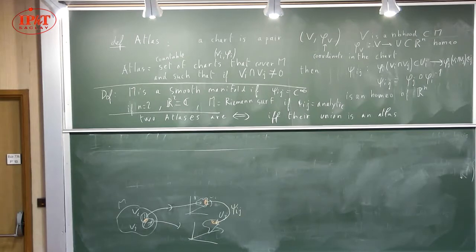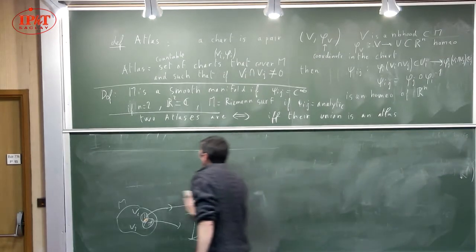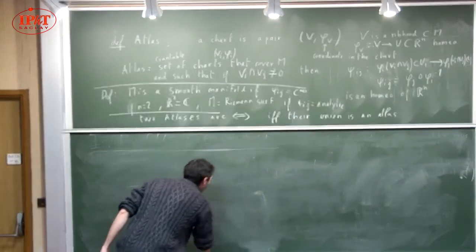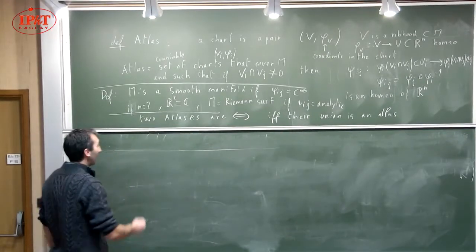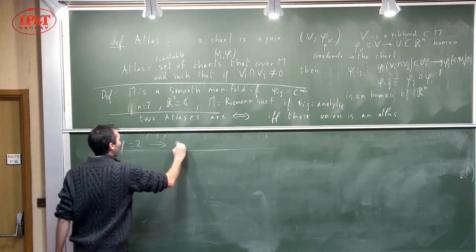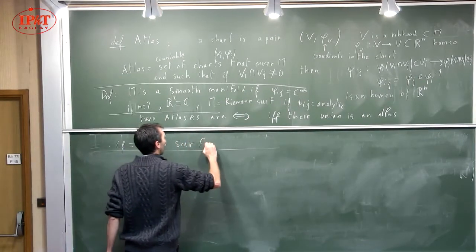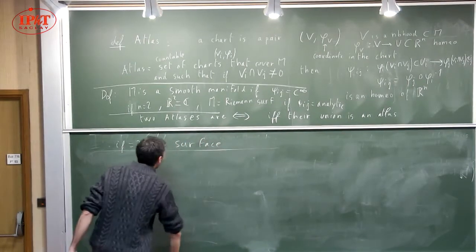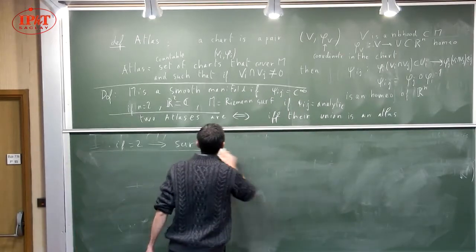Okay. So now let me say a few more things. So if n equals 2, this is a surface.